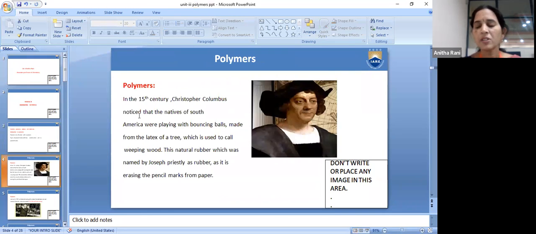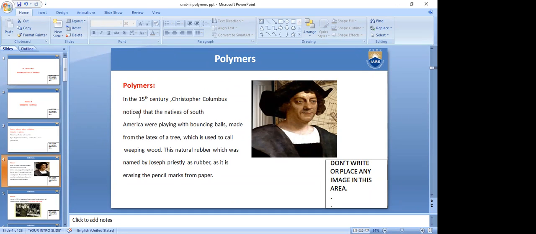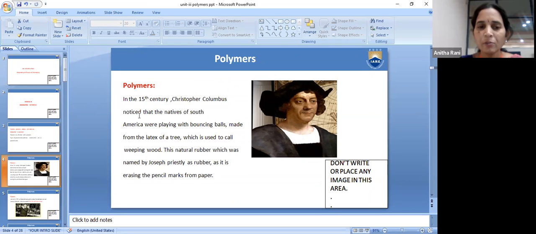Now, polymers, in the 15th century itself. Which century are we living in now? 21st century, ma'am. Yes, the polymer was invented in the 15th century only.